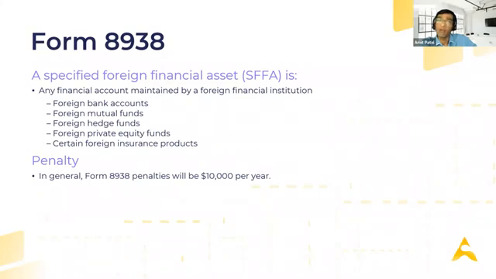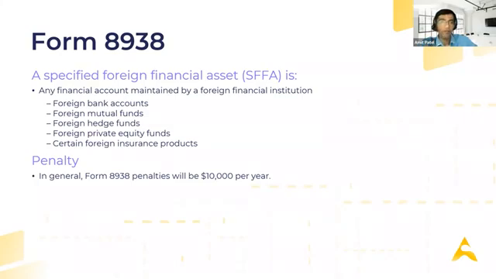Again, the filing requirement for 8938 is not straightforward like FBAR, where it says more than $10,000 of balance. Here the threshold for filing and reporting is different depending upon whether you are living in the US or outside the US, and again depending upon your filing status.